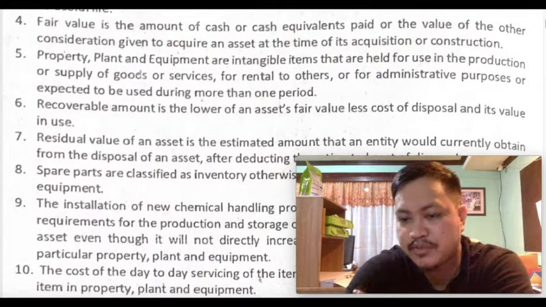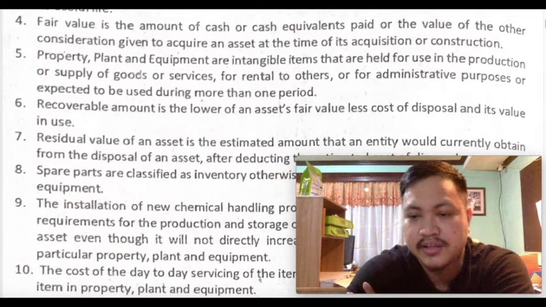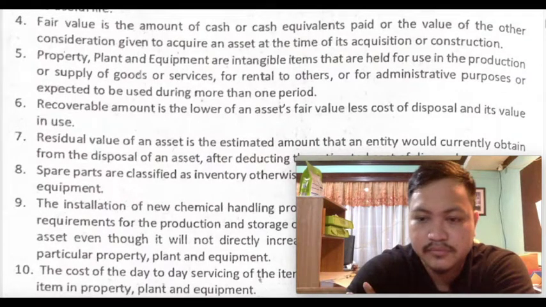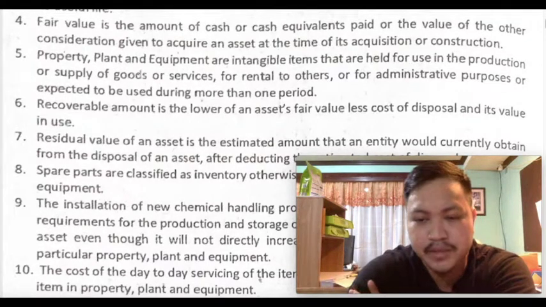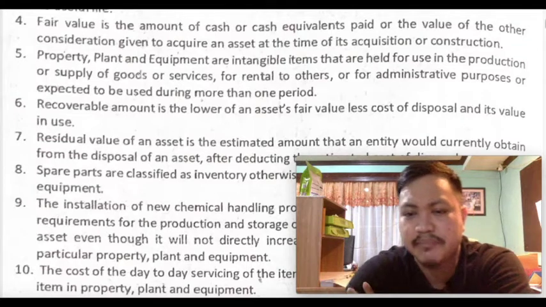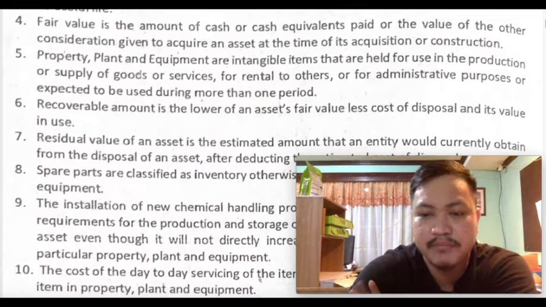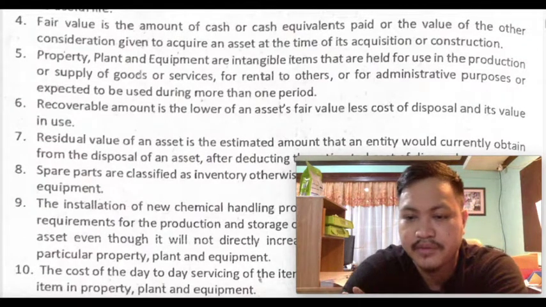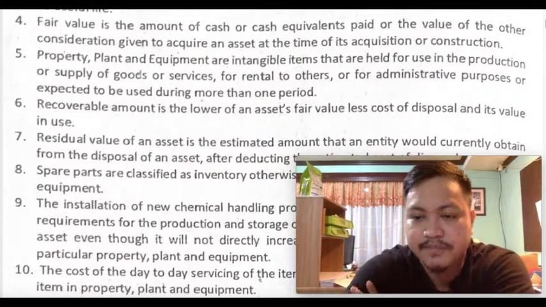If the purpose is to sell, then definitely it is not a property, plant, and equipment. If the purpose is for capital appreciation, then it would not qualify as a PPE and would instead be considered as an investment property, which is governed by another standard, PAS 40.